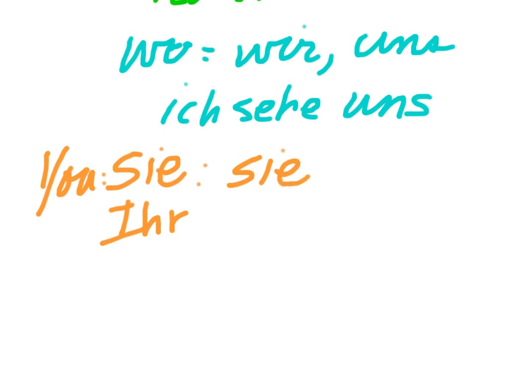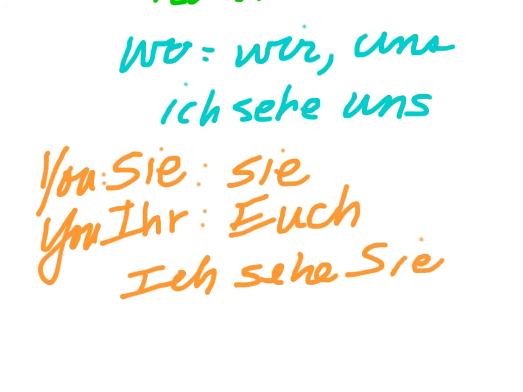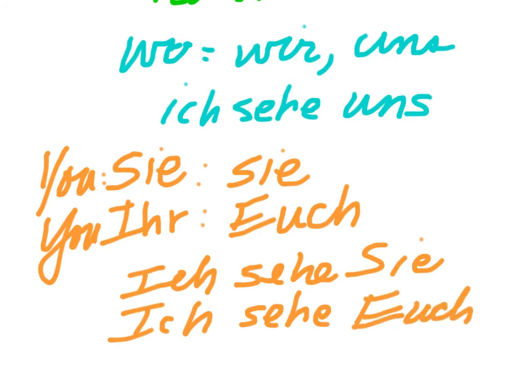So if I were saying to an audience, I see you guys, I would say, ich sehe Sie. So, and then you, informal, I would say euch. So, ich sehe Sie, that would be formal, and ich sehe, I see, euch. Ich sehe euch.